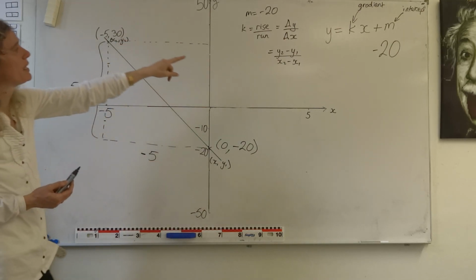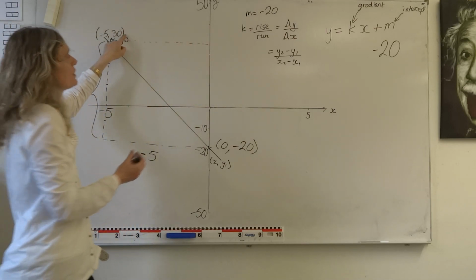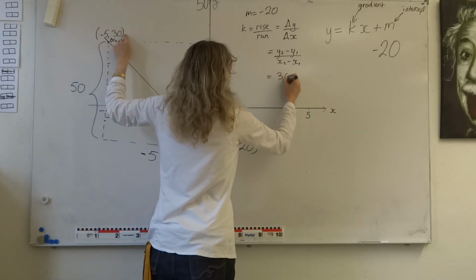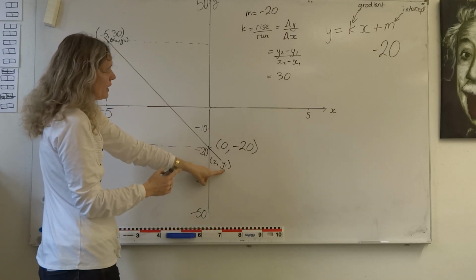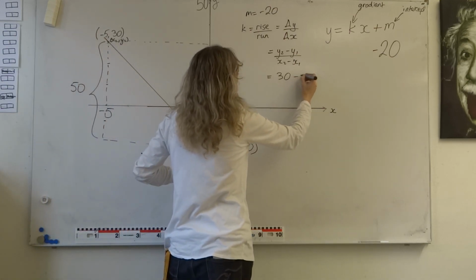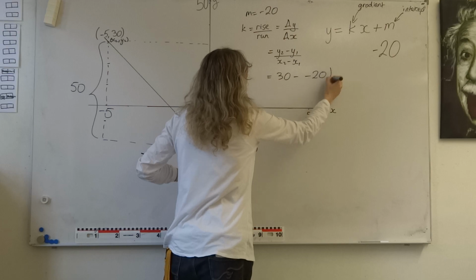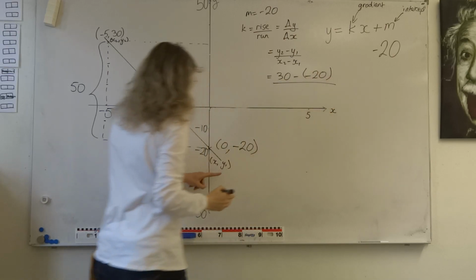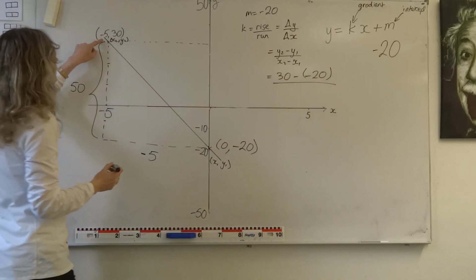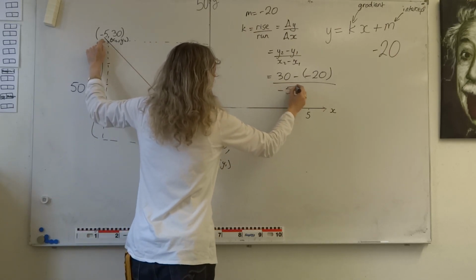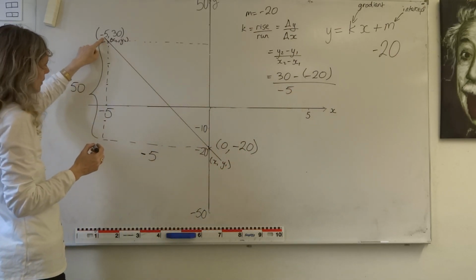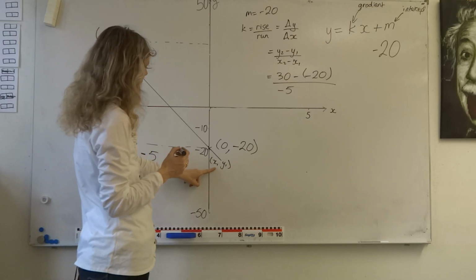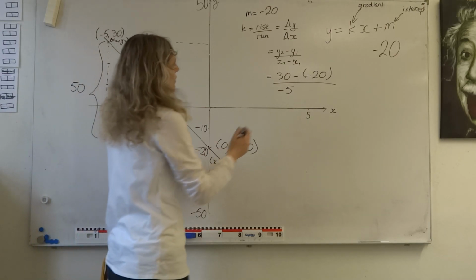Let's plug the numbers in the formula here. y2 is 30, and y1 is minus 20. So we get 30 minus minus 20, all divided by x2, which is minus 5, minus the value of x1, which is 0.